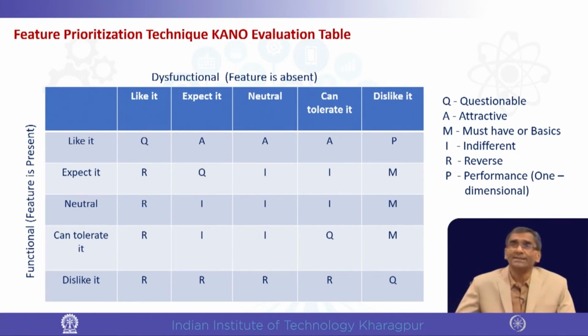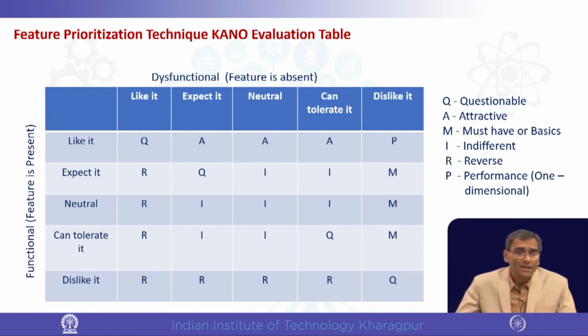Now, if we put that in a functional dysfunctional matrix, then we would see that each cell has a meaning. For example, if I like it when it is present, and I dislike it in its absence, then it is a performance cell, which is on the right hand corner.